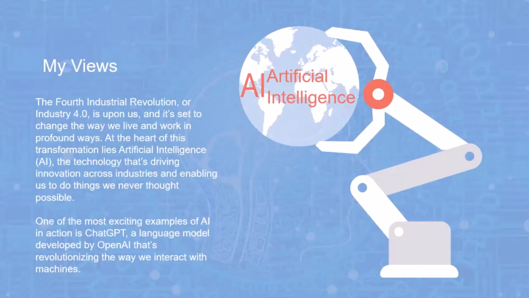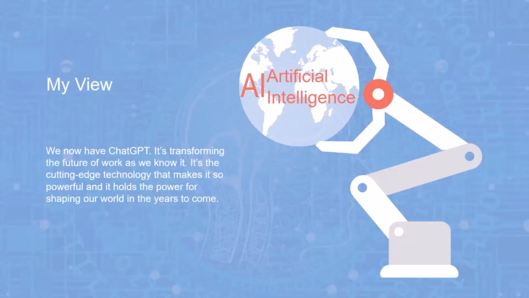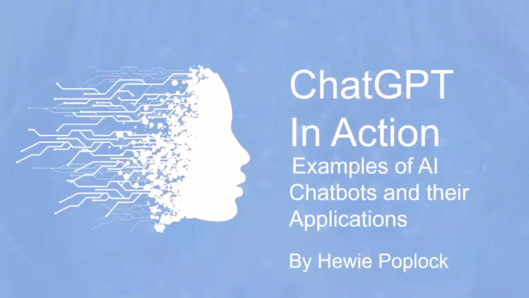One of the most exciting examples of AI in action is ChatGPT, a language model developed by OpenAI that's revolutionizing the way we interact with machines. We now have ChatGPT. It's the cutting-edge technology that makes it so powerful, and it holds the power for shaping our world in the years to come. This has been ChatGPT in action, examples of AI chatbots and their applications.